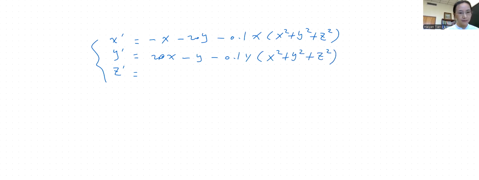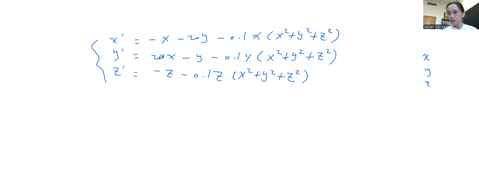And the third equation. Okay, we have three equations. So we can immediately see a fixed point, because by observation we can notice a zero of the vector field. If x is 0, y is 0, z is 0, that's our fixed point. Fixed point, 0, 0, 0.